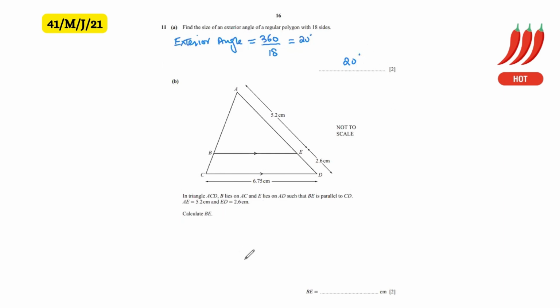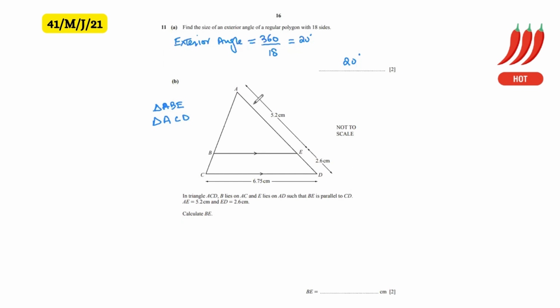Then part B says in a triangle ACD, B lies on AC, and E lies on AD such that BE is parallel to CD. AE is 5.2 and ED is 2.6. Calculate BE. So this is a clear case of similar shapes where triangle ABE is similar to triangle ACD.